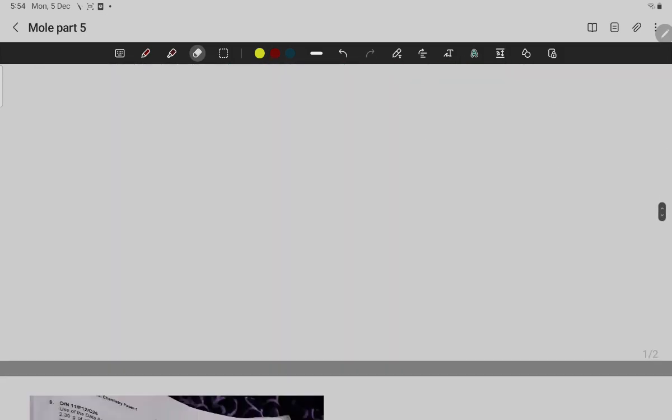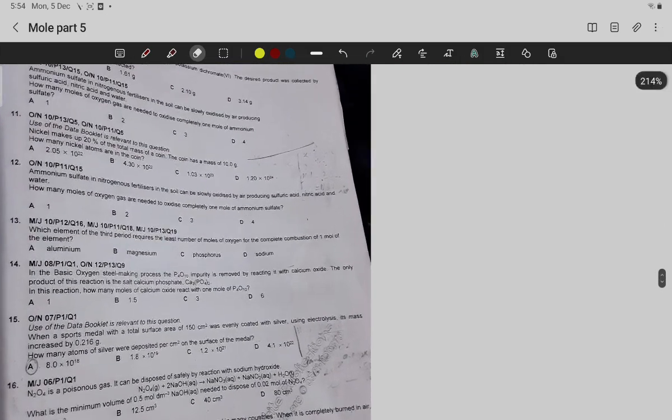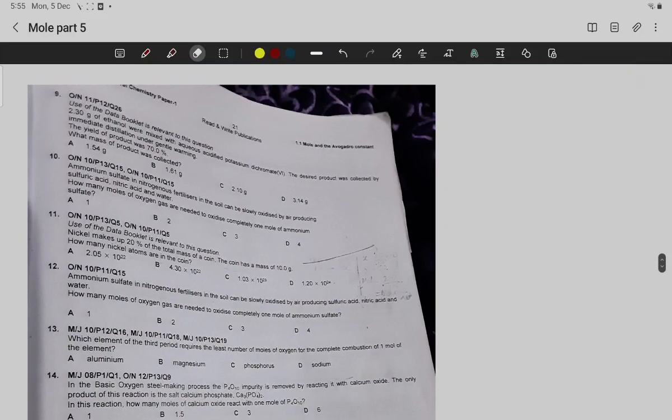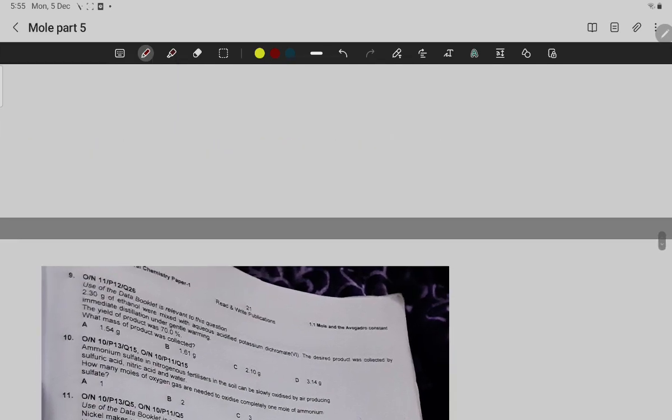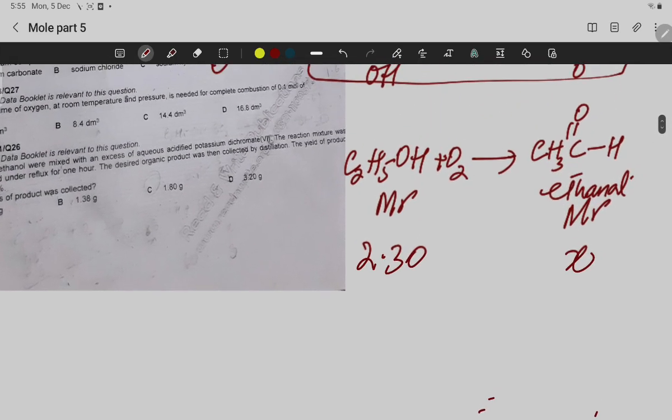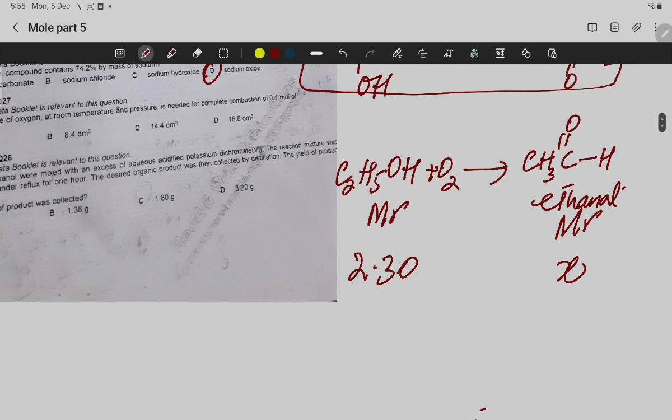Please try this question. Next question is 2.30. This is a similar question which I have solved earlier. The same question, the same chemical equation. So this is ethanol and this is ethanal that is formed.